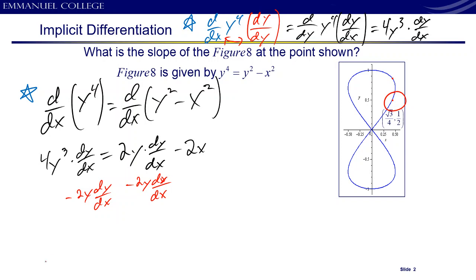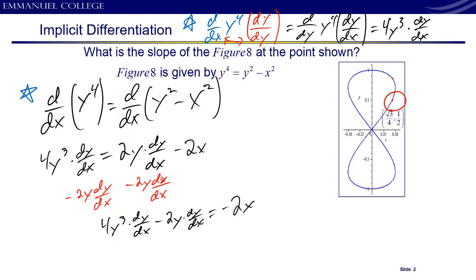And now when I do that, that leaves me on the left-hand side with 4y cubed dy dx minus 2y dy dx, and that equals negative 2x.